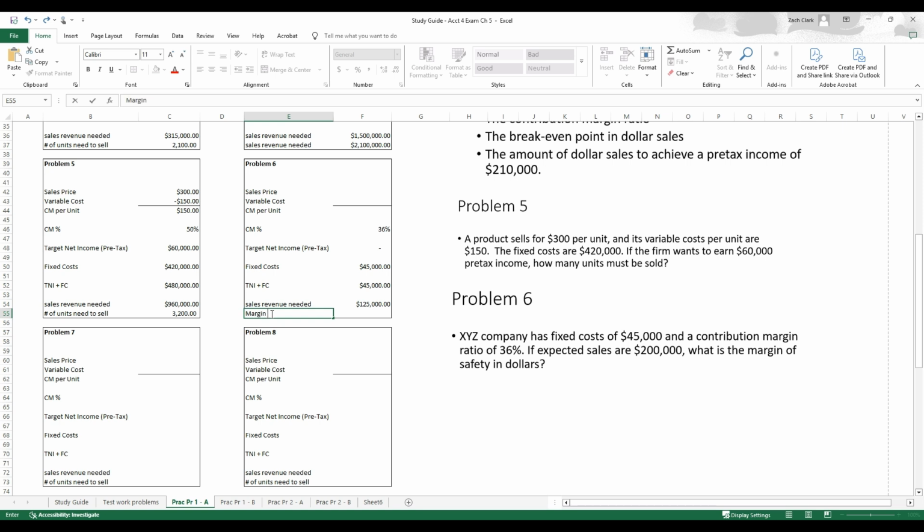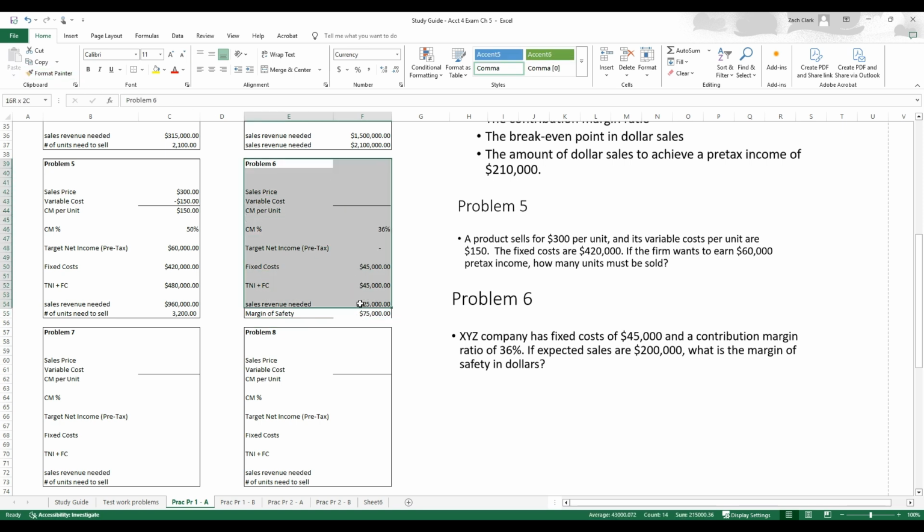And I'm going to have this say margin of safety. Because we have expected sales of 200,000, our margin of safety is just the 200,000 minus the 125,000, or 75,000.